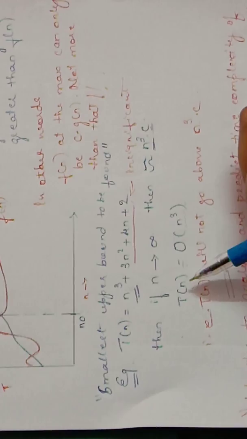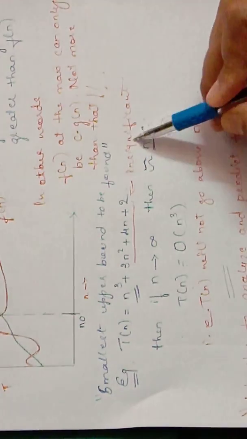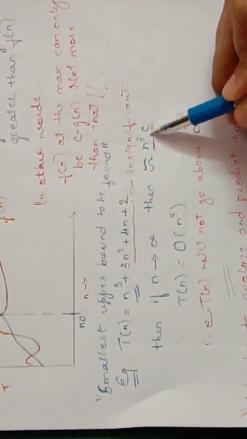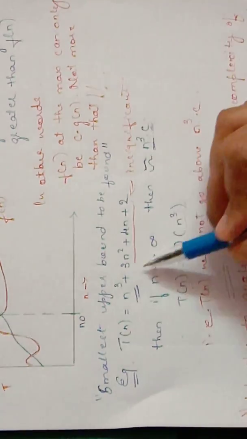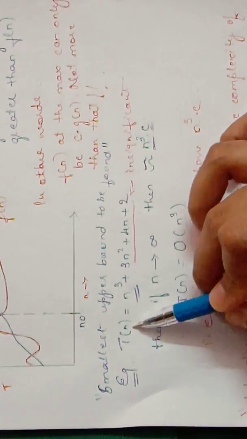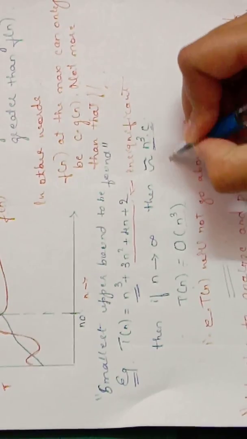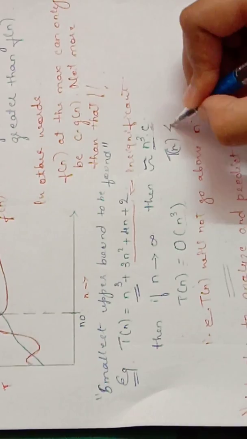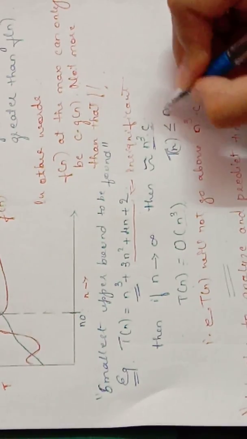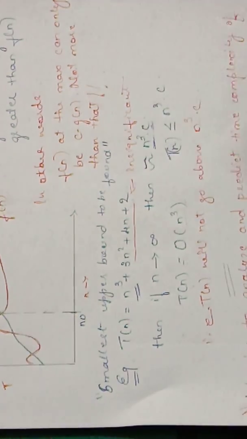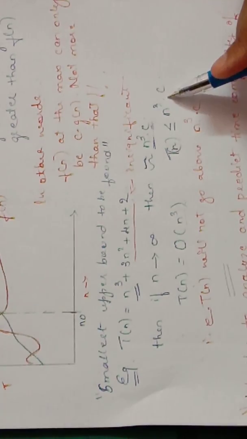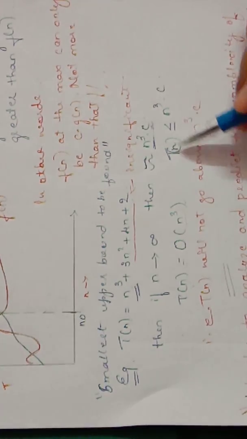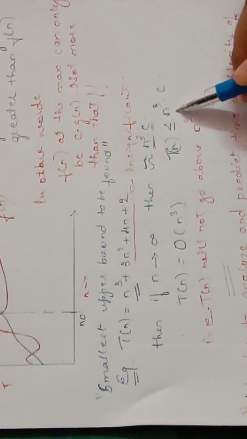So at any point in time, we can tell that n cube times some constant c will always be above the value of this function t of n. That is, t of n will always be less than or equal to c times n cube. It's similar to our upper bound definition, f of n less than or equal to c times g of n.